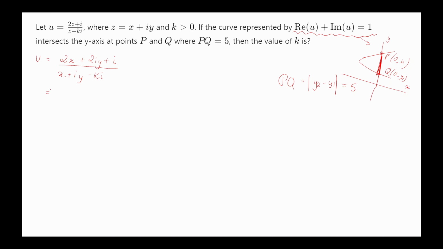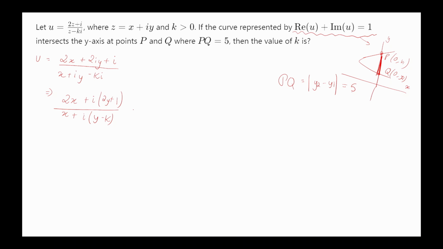So from here, of course, first let us segregate the real and imaginary parts together. This would become 2x plus iota times 2y plus 1, and below we would have x plus iota times y minus k.